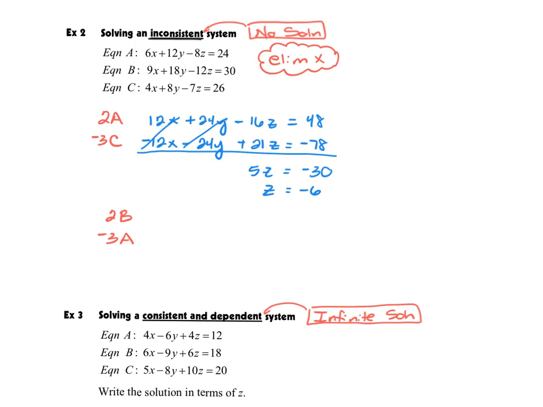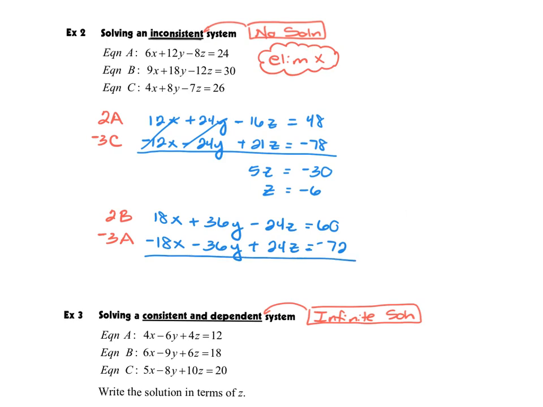Now, when I go ahead and do that step, 2 times B will give me 18x plus 36y minus 24z equals 60. And then -3 times A is -18x minus 36y plus 24z equals -72.